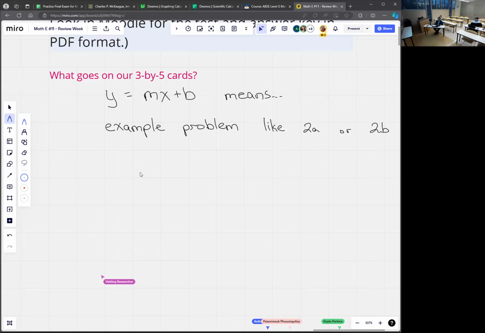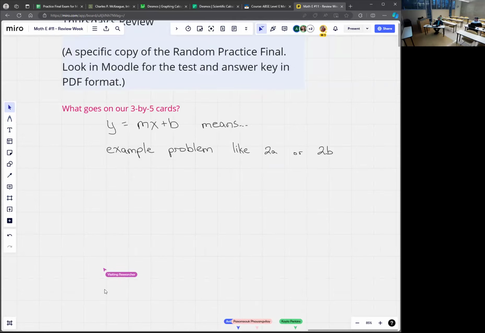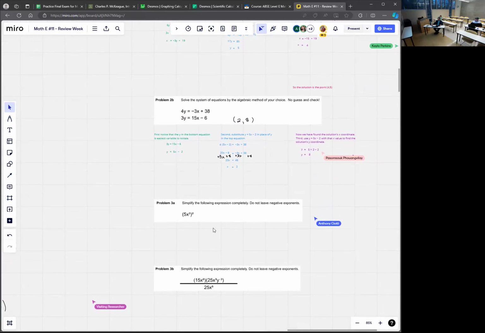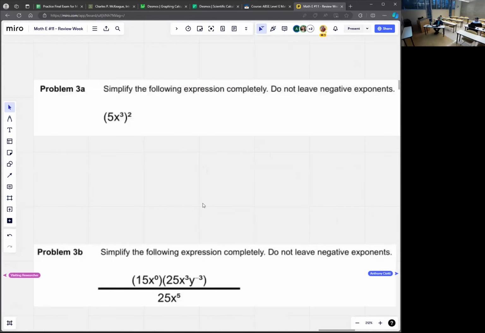Okay, everyone okay with that? Other things you would want on your 3x5 card? Give me 18. Okay, so I'm gonna whiz through a bunch of these.